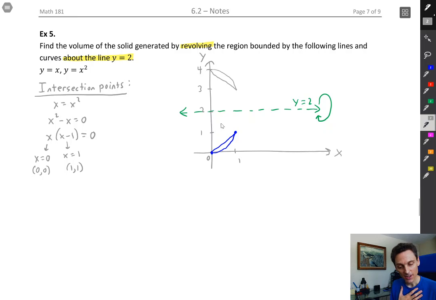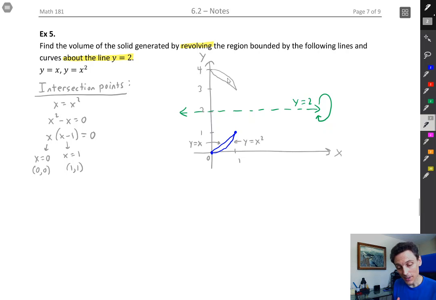Okay, so there's like a shadow copy of it if you rotated it 180 degrees, just to get a sense of what this is going to maybe look like. All right, one other thing that we'll do, as long as we're here, is label these curves as a reminder of what their formulas are.